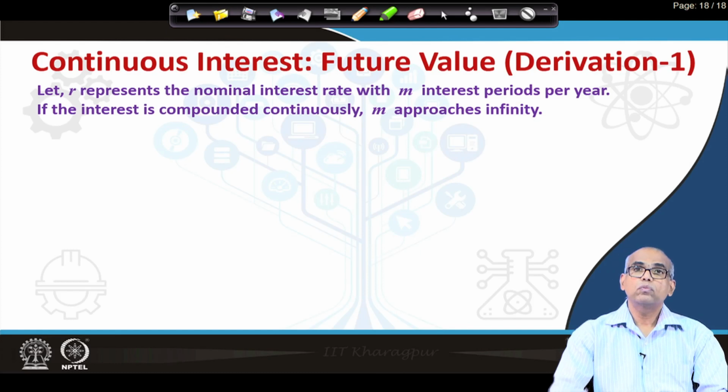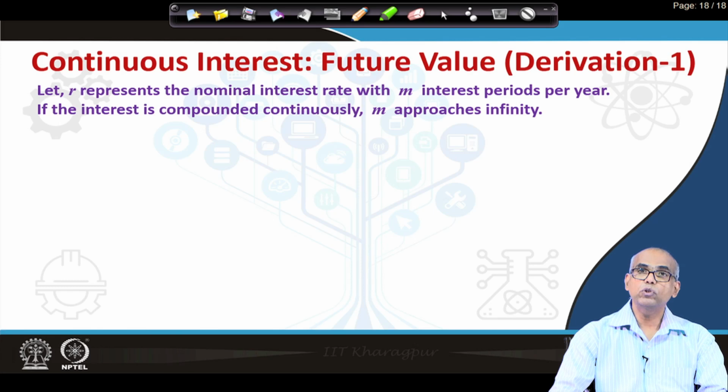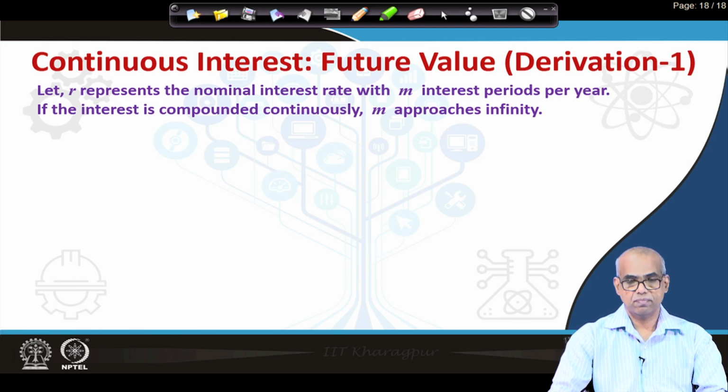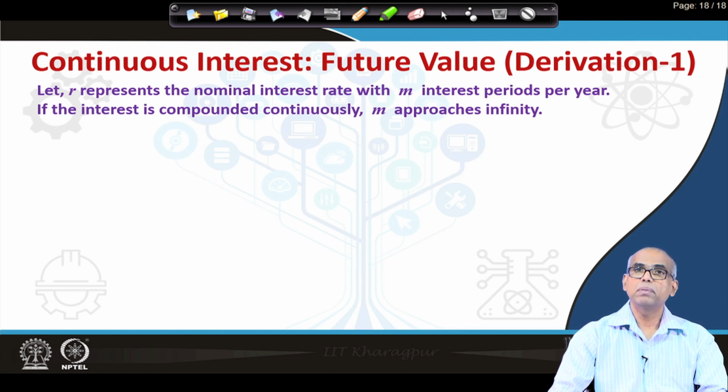So, now first look at how to compute the future value for continuous interest. We have seen for simple interest that F equals P into 1 plus I n. We have seen for discrete compound interest that F equals P into 1 plus I to the power n. Now, let us look at the expression for continuous interest.